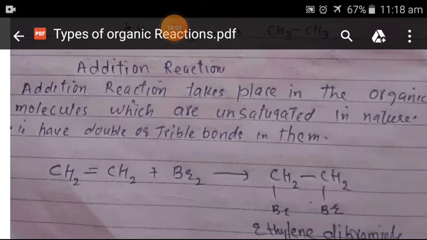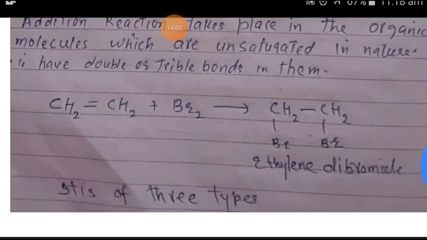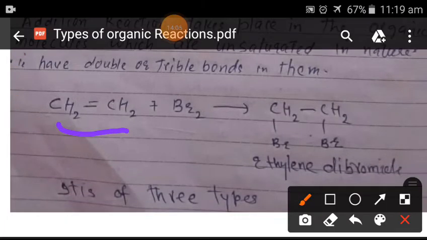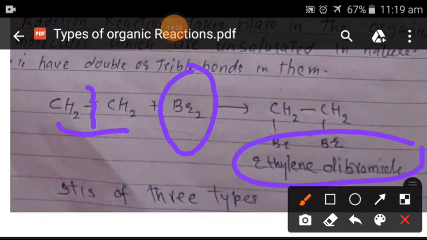For example, here we have ethene, which contains a carbon-carbon double bond. In the presence of bromine, it gives ethylene dibromide. So these bromine atoms get attached to these two carbon atoms across the double bond, resulting in the formation of ethylene dibromide.